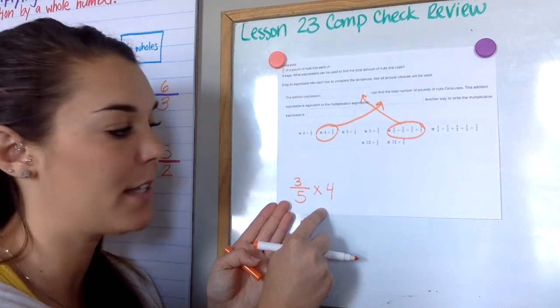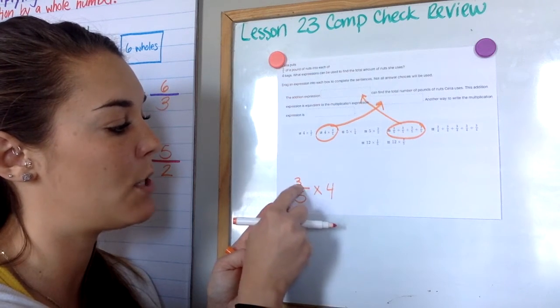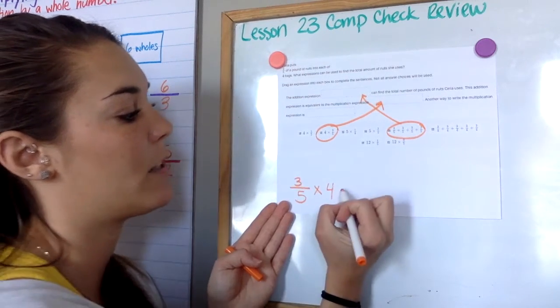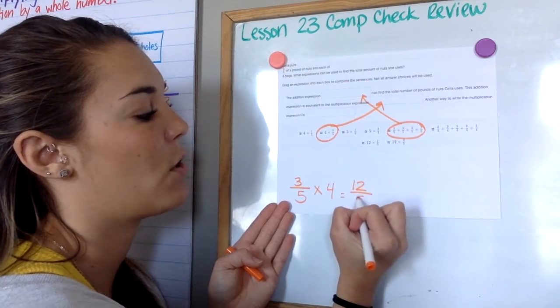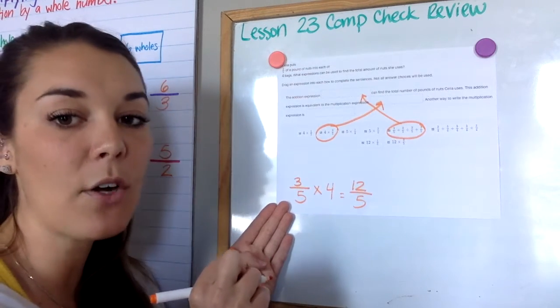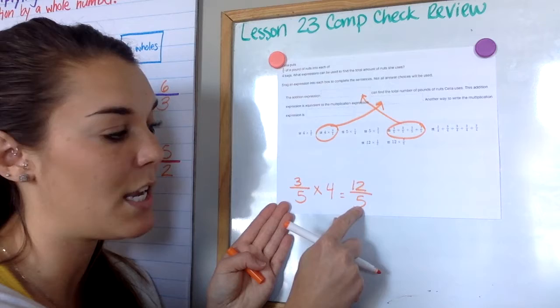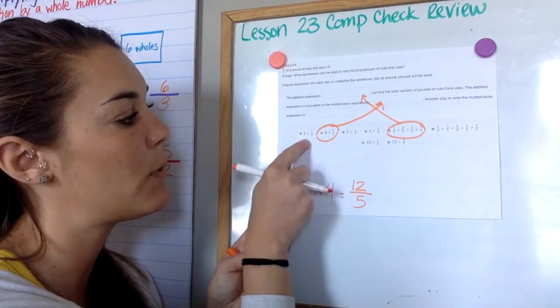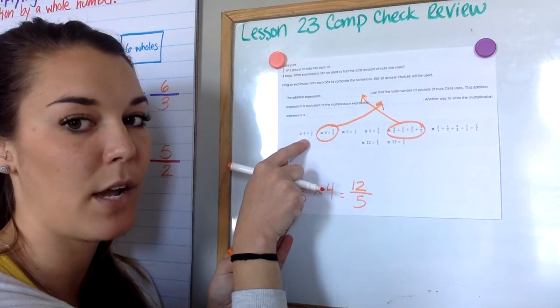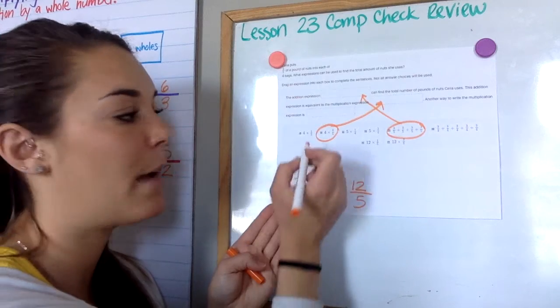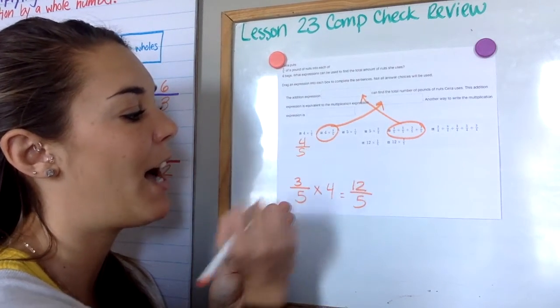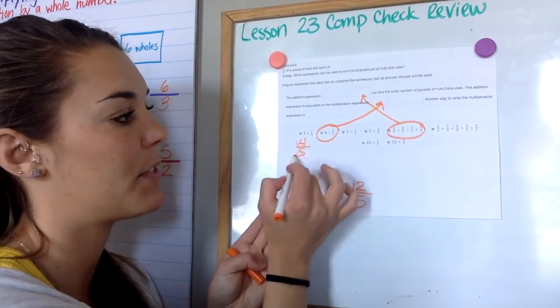So when I solve for this, I do the whole number times the numerator. 4 times 3 is 12, and it stays over 5. So the other multiplication expression needs to be equal to 12/5. This one says 4 times 1/5. So 4 times 1 is 4 over 5. No, it's not the same.